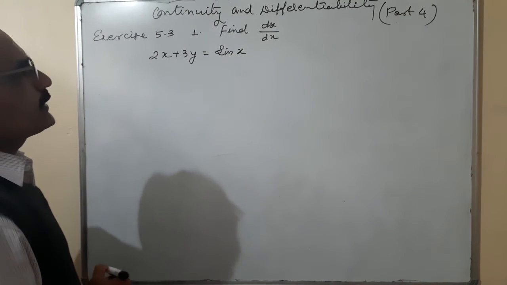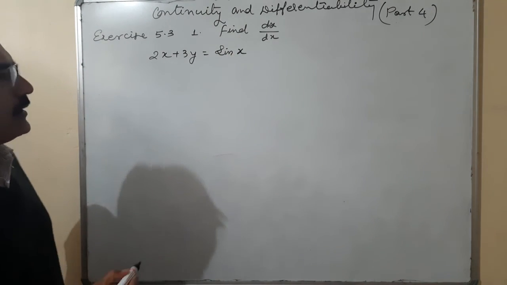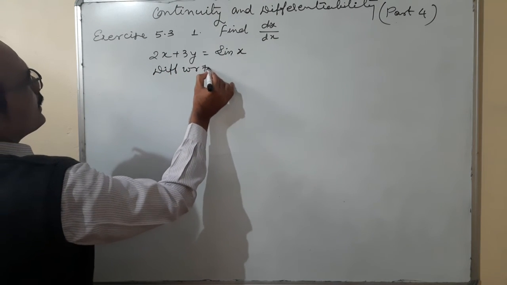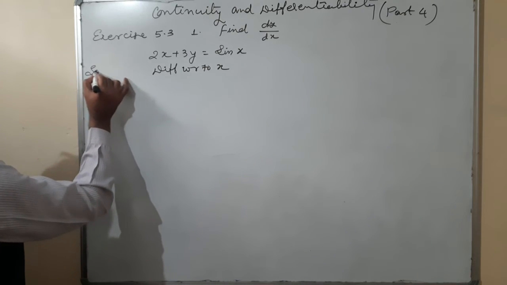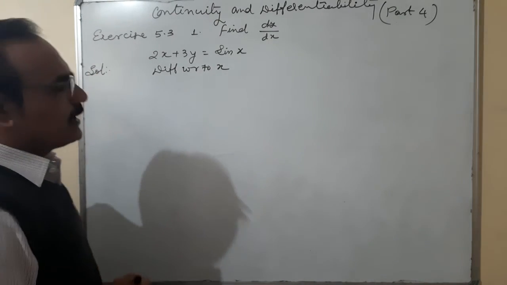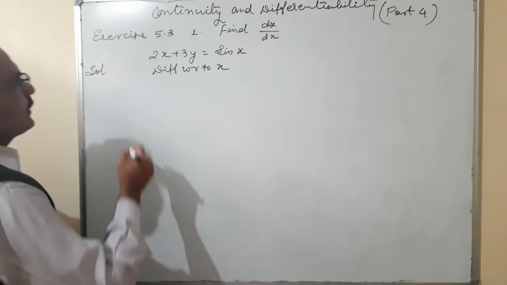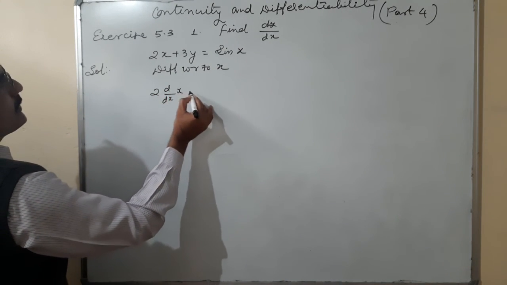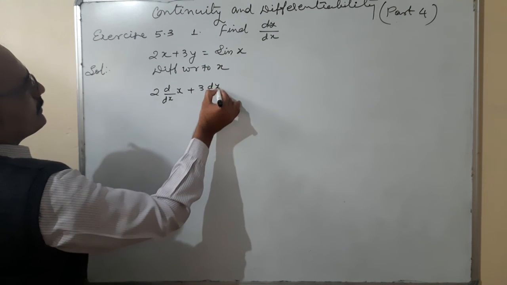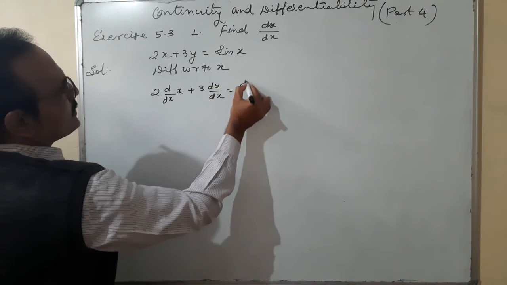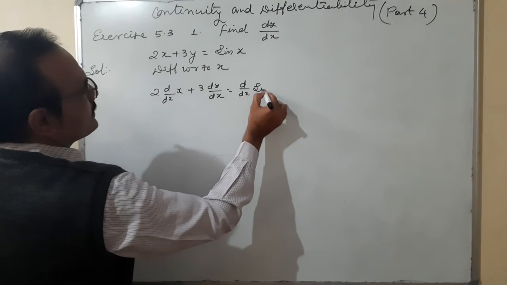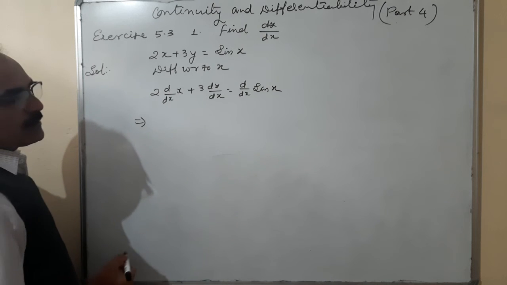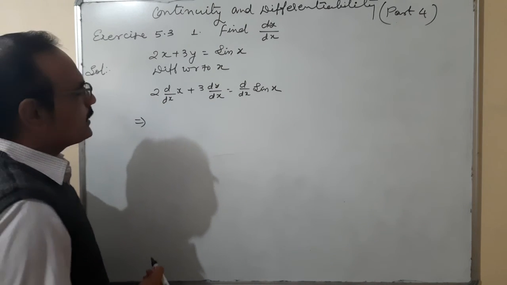For finding dy by dx, differentiate with respect to x. So d by dx of 2x plus 3 dy by dx is equal to d by dx of sin x. The differentiation of x, by the basic formula for x to the power n, is n x to the power n minus 1.